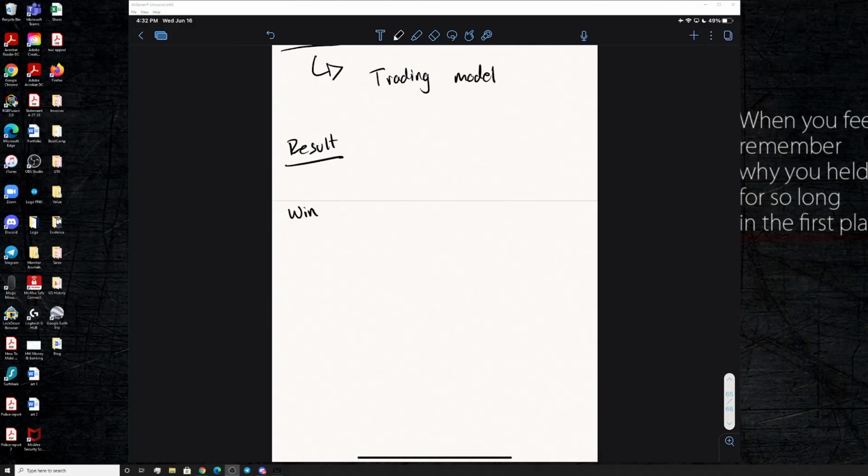Okay, let's say you just won this trade, right? So what are you going to do? Immediately after your result, you're going to journal your outcome, right? Because you want to acknowledge what you have done and the result that is given. And if it's favorable, you see why. If it's unfavorable, you see why, right? So you now have the result in place.